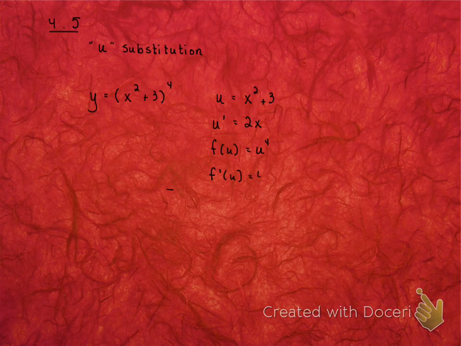And that was the pattern that we used to find derivatives when we had a u substitution. And then u prime times f prime u was the derivative.